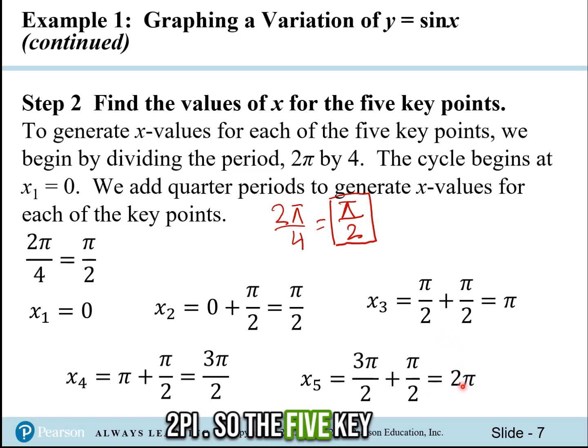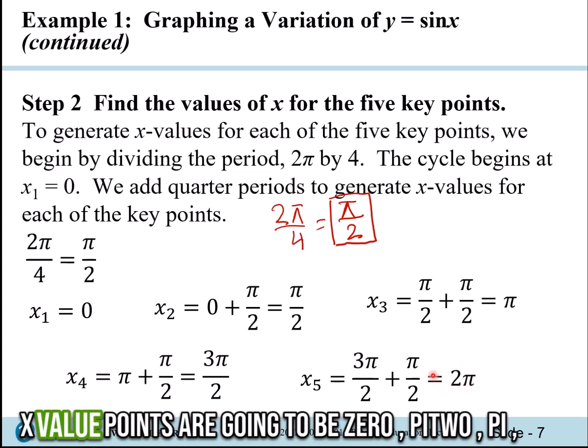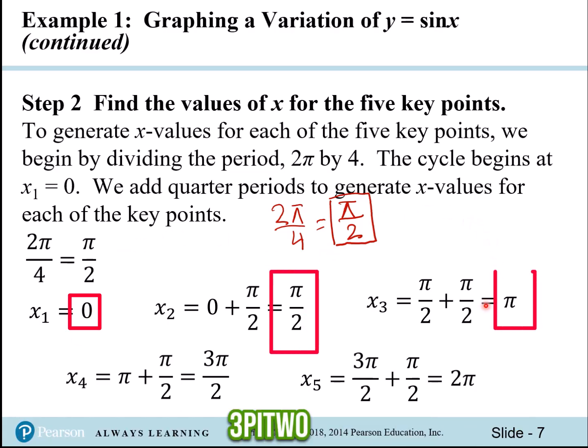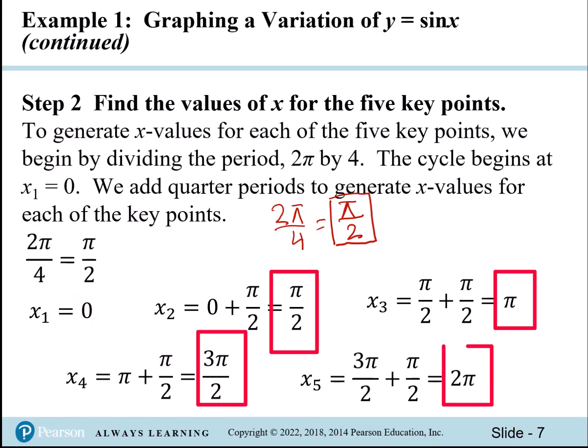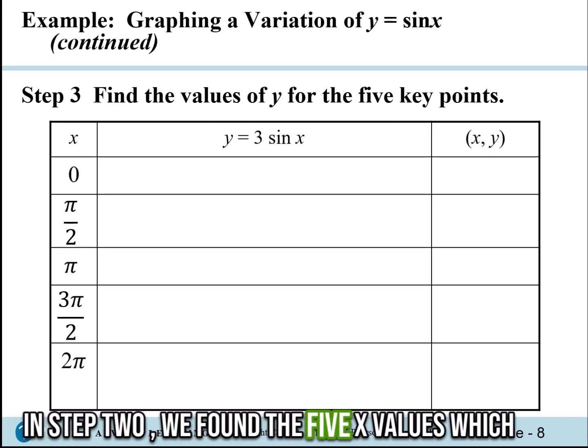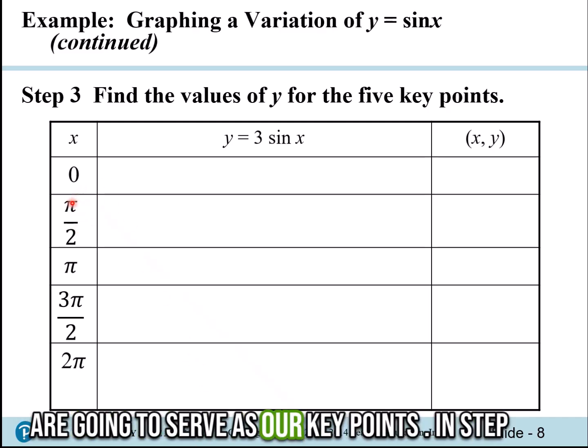So the 5 key x value points are going to be 0, pi over 2, pi, 3 pi over 2, and 2 pi.